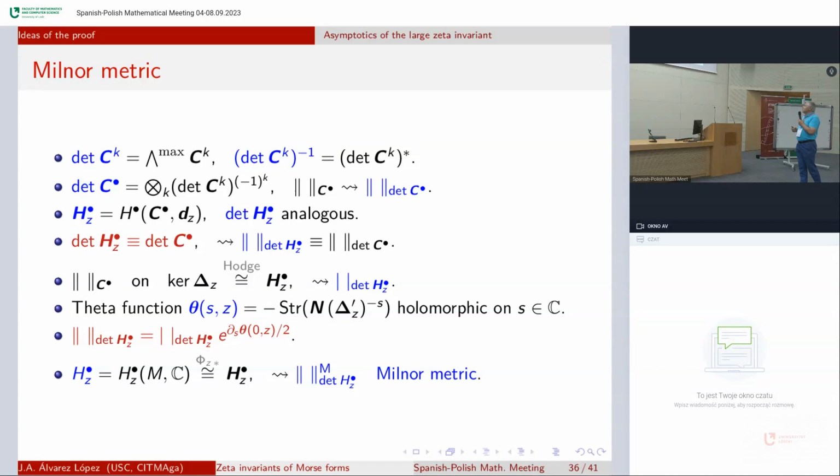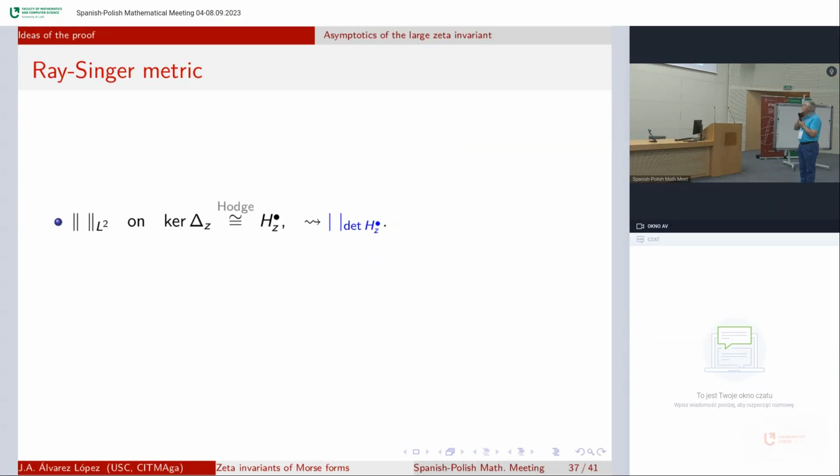Okay, so now we can take all the forms and try to define in a similar way a metric on the determinant of the de Rham complex, but the determinant of the de Rham complex is not defined because it is of infinite dimension.